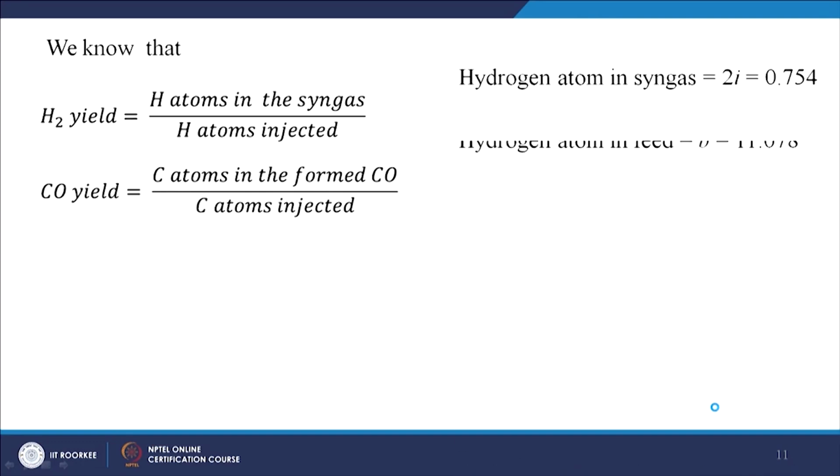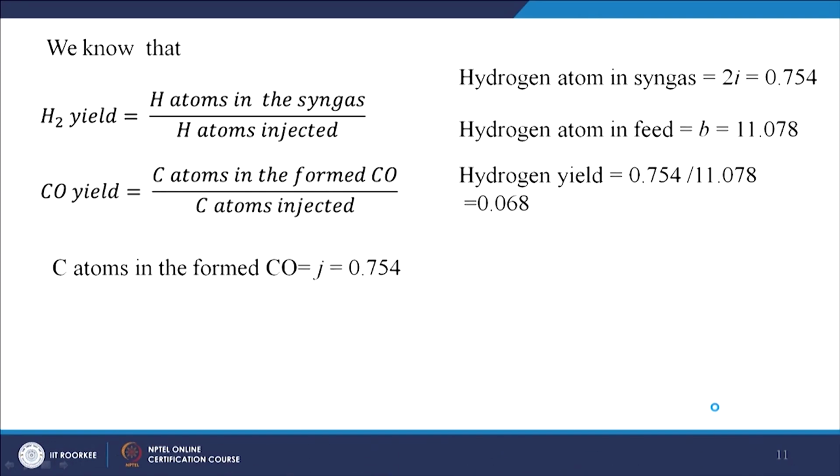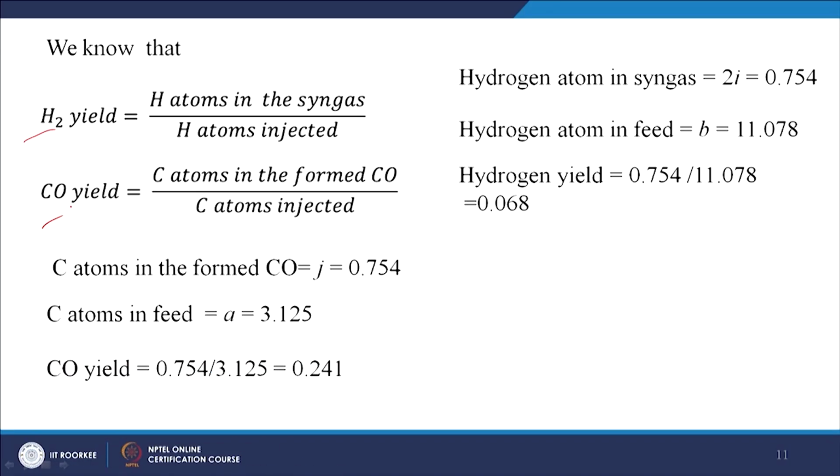Then the third part we have to solve, that is the hydrogen yield and carbon monoxide yield. So, what is the definition of hydrogen yield? Hydrogen yield, we know that amount of hydrogen present or hydrogen atoms in the syngas divided by hydrogen atoms injected in the feed. So, carbon monoxide yield is equal to carbon atoms in the formed CO divided by carbon atoms injected.